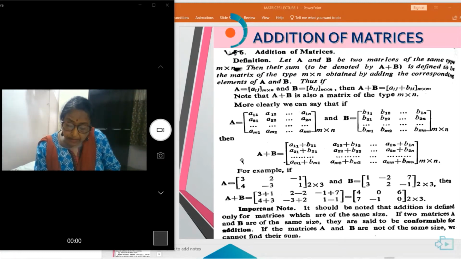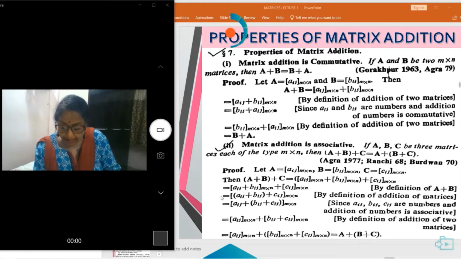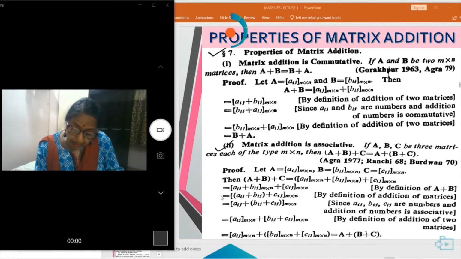The properties of addition. Matrix addition is commutative, that is, A plus B is equal to B plus A. So if A is equal to (a_ij) m cross n and B is equal to (b_ij) m cross n, then A plus B is equal to (a_ij) m cross n plus (b_ij) m cross n.